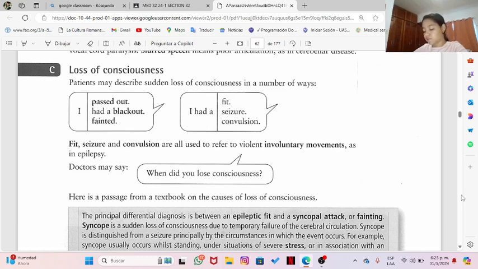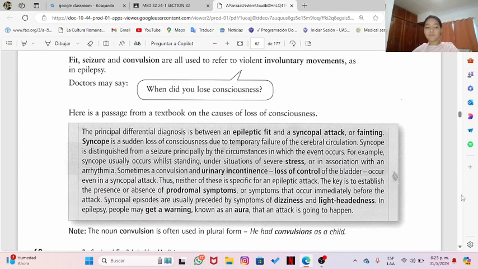I fainted. I had a fit. I had a seizure. I had a convulsion. Fit, seizure, and convulsion are all used to refer to violent, involuntary movement, as in epilepsy.